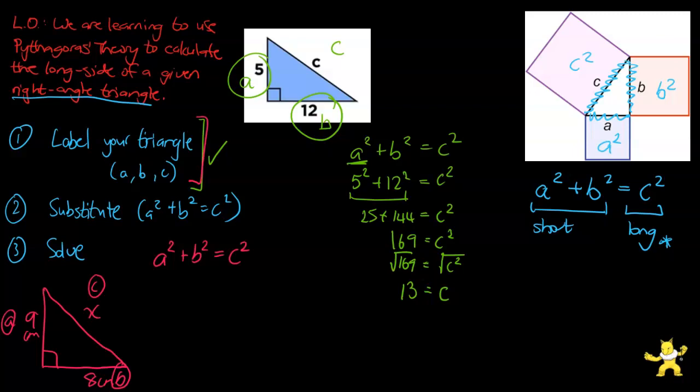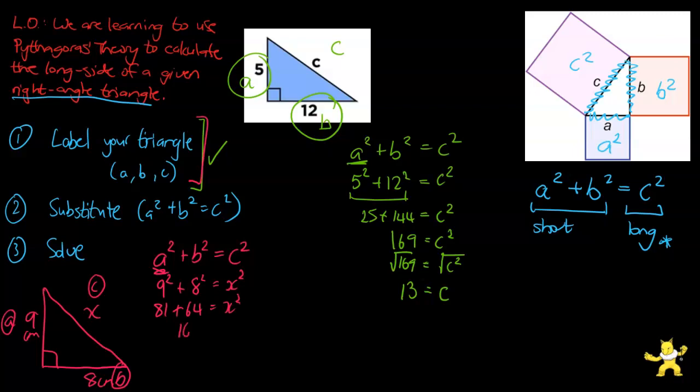We're then going to substitute in. So A is 9, so that's 9 squared. B is 8, so that's going to be 8 squared. That is going to be equal to x squared. So we've taken out the C and put in the x here as well. We now evaluate. That's going to become 81 plus 64 equals x squared.